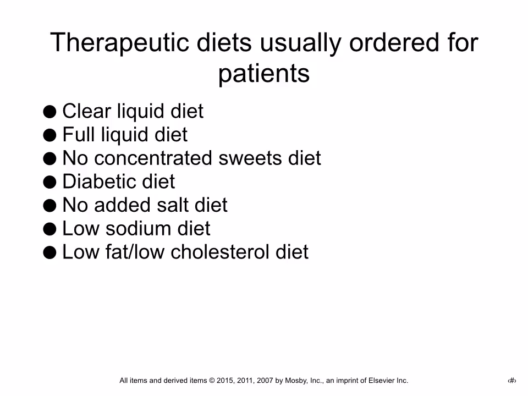Most commonly used calorie levels for these ADA diets are 1200 calories per day, 1500, 1800, or 2000.